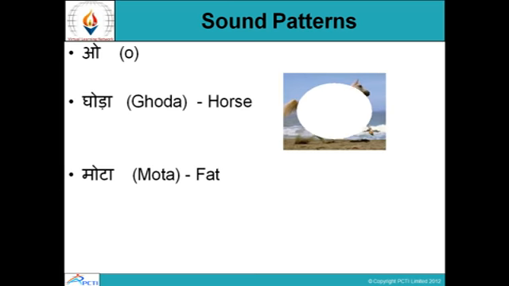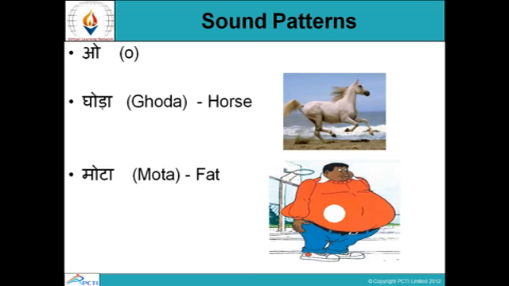Now the sound of O. It's ghoda. Ghoda is what? Horse. Horse is an animal which runs very fast. You must have seen horse. Earlier it was used to go from one place to another when we didn't have vehicles.